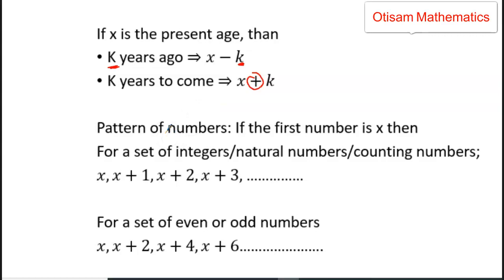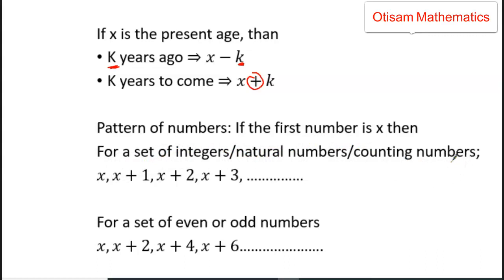Now let's come to the pattern of numbers. Sometimes they can say a set of integers, a set of natural numbers, a set of counting numbers. So if the first number is X, we don't know the number, then for a set of integers, natural numbers, counting numbers, they are all the same.